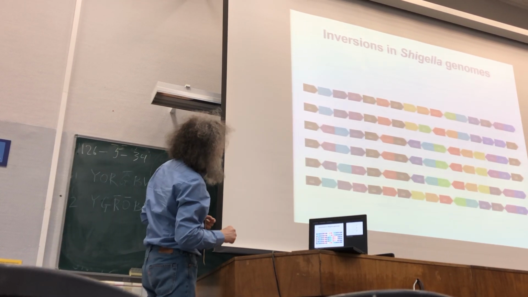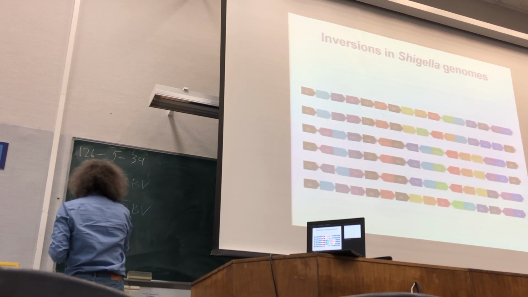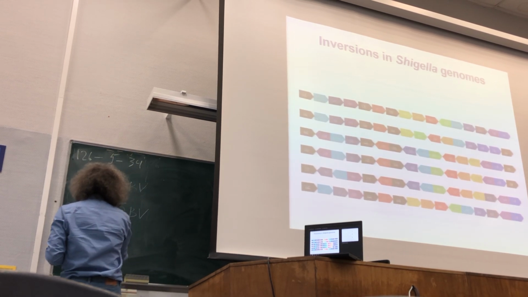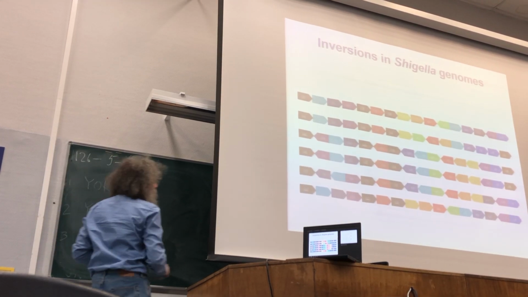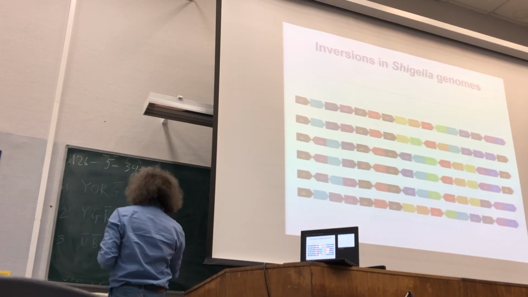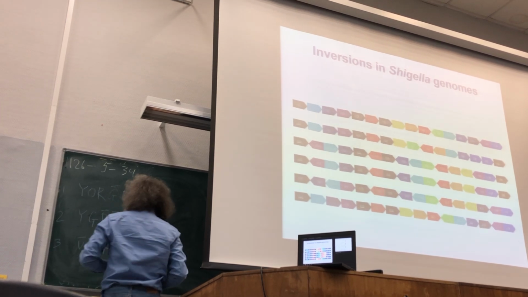For 3, we have violet inverted, blue inverted, green, and red, orange, yellow, all inverted.